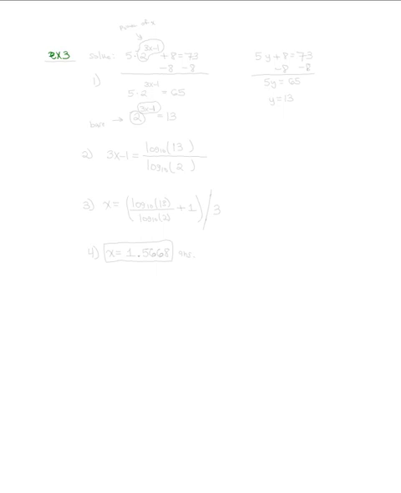Okay, so we're going to look at our last example here. And we're going to make use of that second set of directions, where we have to use logarithms. And we're going to solve 5 times 2 to the 3x minus 1 power plus 8 equals 73.